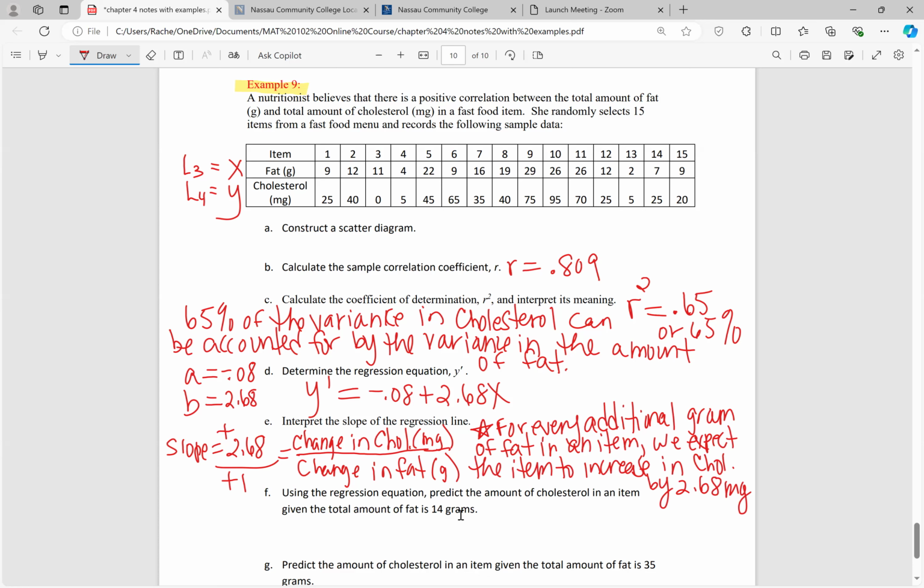So for every additional gram of fat in an item, we expect the item to increase also in cholesterol by about 2.68 milligrams. So that's the rate of change in this case.